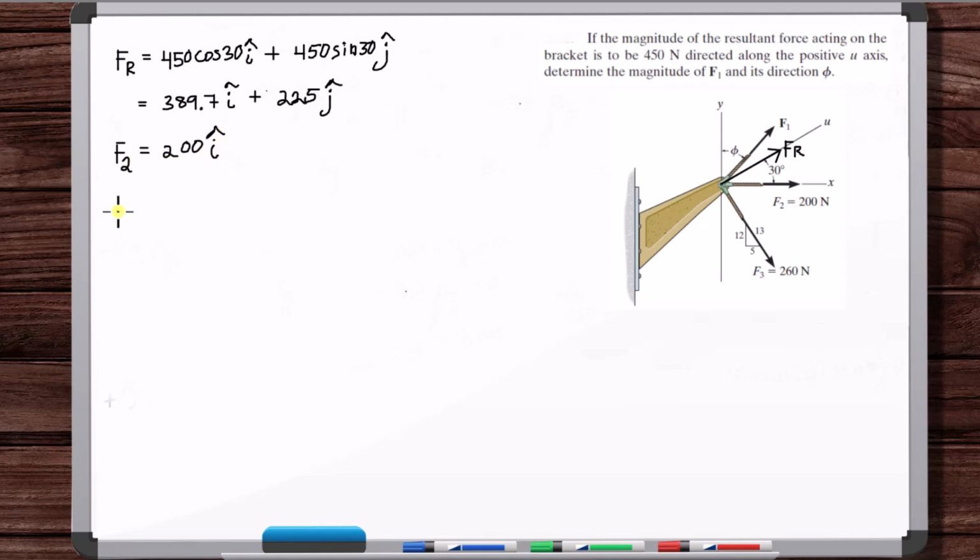Now we know that F3 is in the positive x direction, and we can use that slope triangle, so 260 times 5 over 13 i hat, and then it's in the minus j direction, 260 times 12 over 13 j hat.